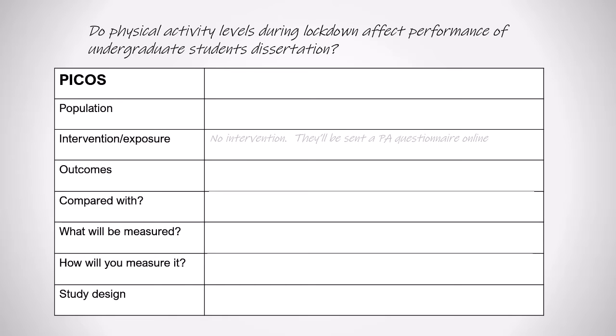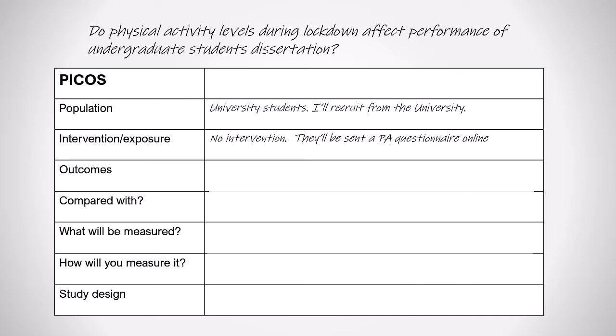So let's say we wanted to pose a question: do physical activity levels during lockdown affect performance of undergraduate students during their dissertation? Well, to design our study, we go to the good old PICOS there. And so our population of interest, university students, so you could think, oh, okay, I'll recruit from the university.